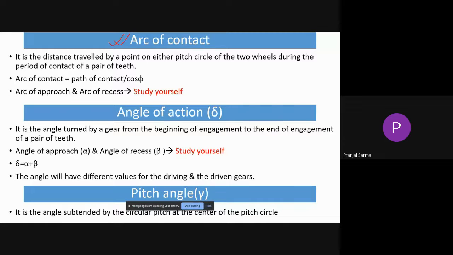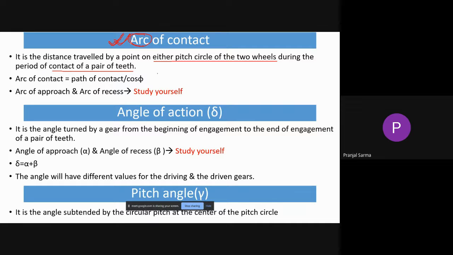Next we have got the arc of contact. From the name itself, you understand it is related to some contact between the teeth, and we're talking about the arc length. It is the distance traveled by a point on either pitch circle of the two wheels during the period of contact of the pair of teeth. So this is the distance traveled by a point on the pitch circle of either of the two wheels during the period of contact of a pair of teeth.